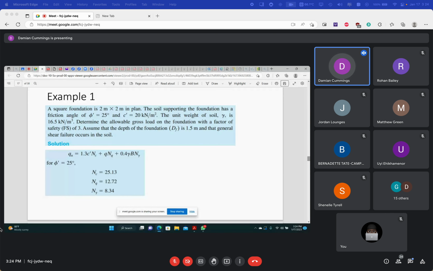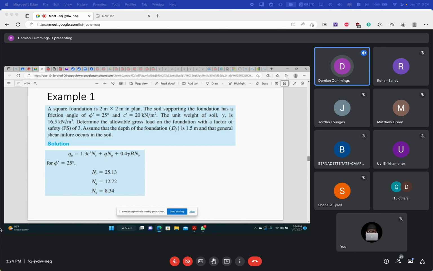So the friction angle is 25 degrees, and our soil's cohesion is equal to 20 kilonewtons per meter squared, right?